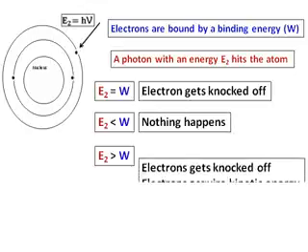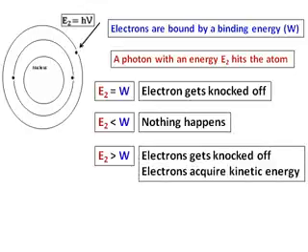In this case, an electron gets knocked off and it acquires kinetic energy. So apart from the two energies we have been talking about, E2, the energy of the photon, and W, the energy with which the electron is bound to the nucleus, there is a third energy, the kinetic energy.